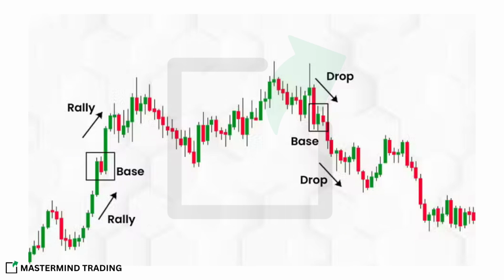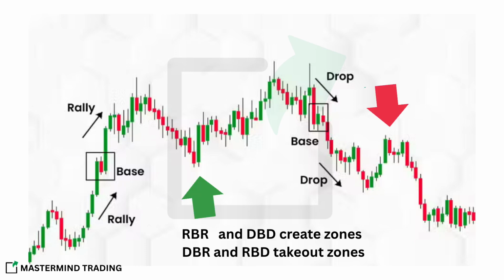I consider these to be the significant levels where we have significant numbers of buyers and sellers, where we have huge imbalances that can push prices in the direction that we want them to go. Now, drop-based rally and rally-based drop, in my opinion, are structures that form to take out levels of supply and demand, while rally-based rally and drop-based drop are structures that create these levels of supply and demand. So I like to approach it that way.